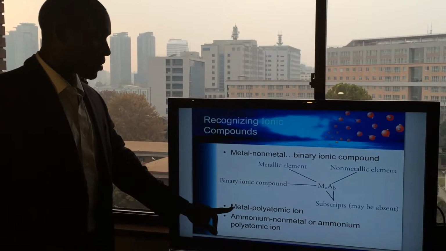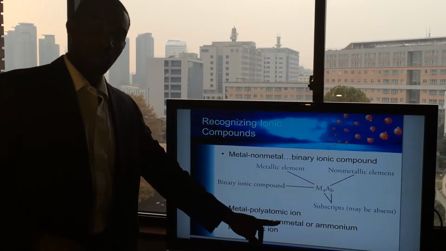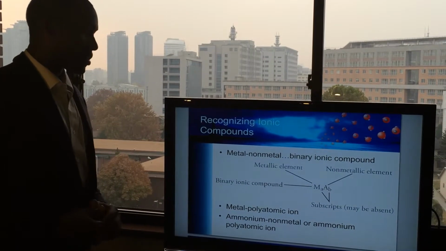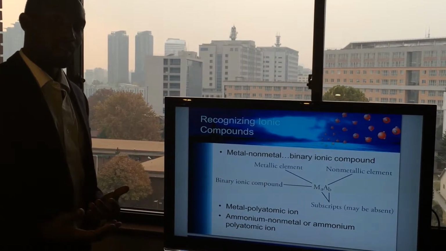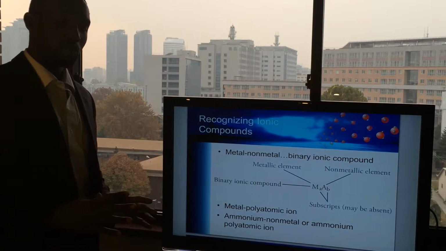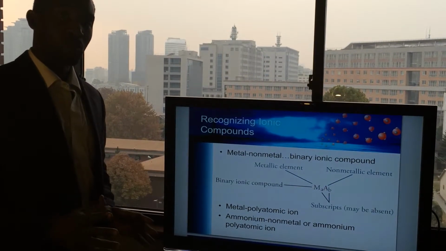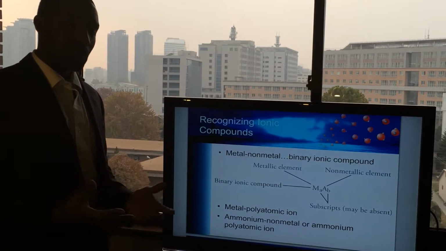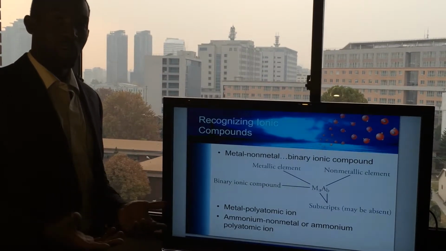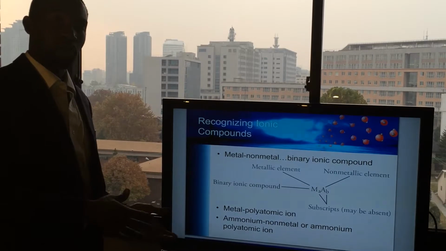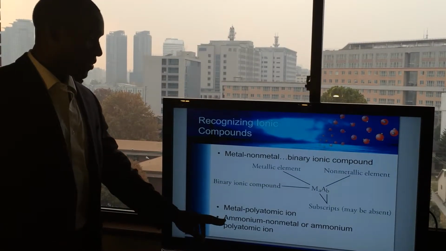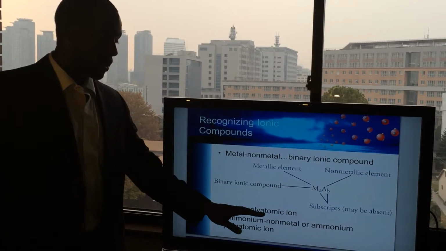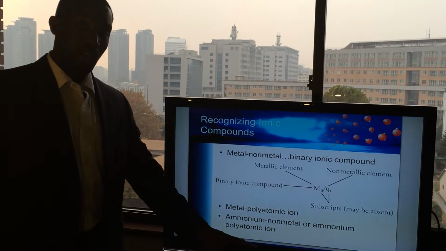Then you have metal and polyatomic ion, so this is sort of like having those bigger size molecules paired with a metal. Okay, same thing. They typically have a -1 or -2 charge, and they would just pair with the metal. Then you have ammonium non-metal or ammonium polyatomic ion.